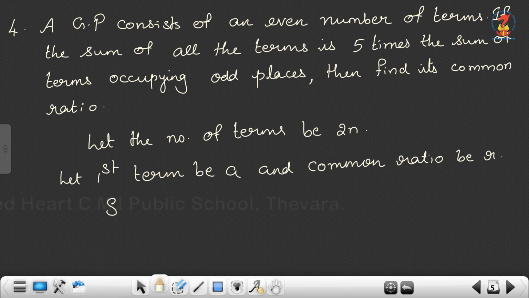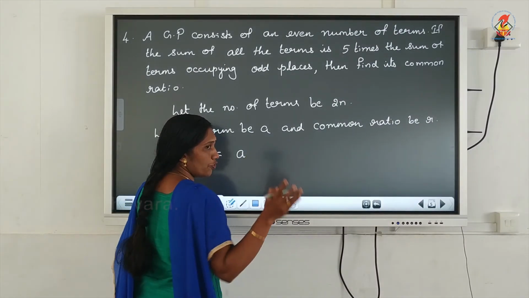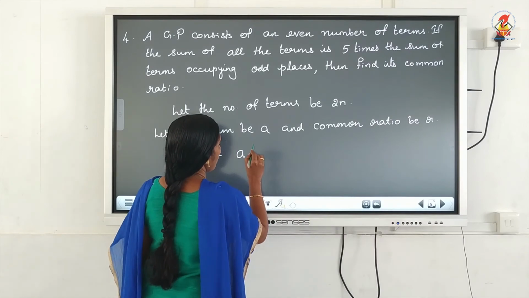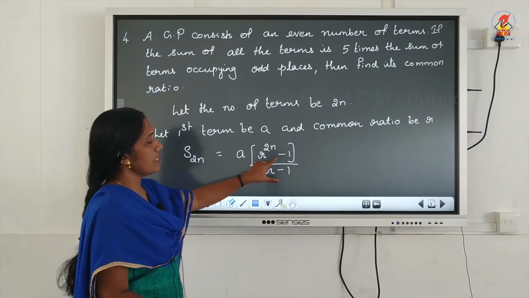So what is S2n, the sum of these 2n terms? We have two formulas, you can use either the first one or the second one. So a into r raised to number of terms minus 1 by r minus 1. This is the sum of the total terms. There are 2n terms, so the sum of all the terms is this.